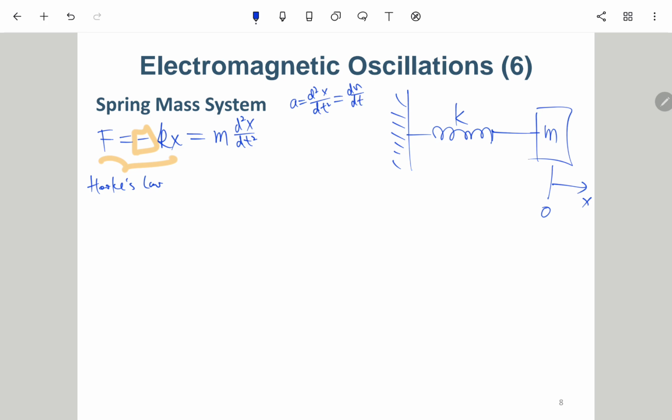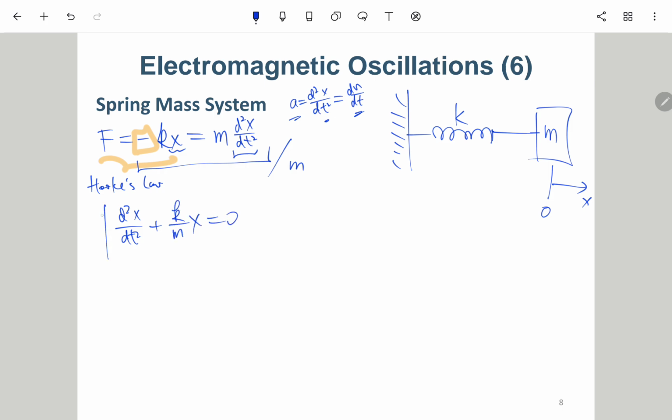So this is acceleration, velocity and displacement. We make use of this because we have x here, so we should leave it at x there. By looking at these two parts, we can just divide m on both sides. We have d²x/dt² plus k over m x.